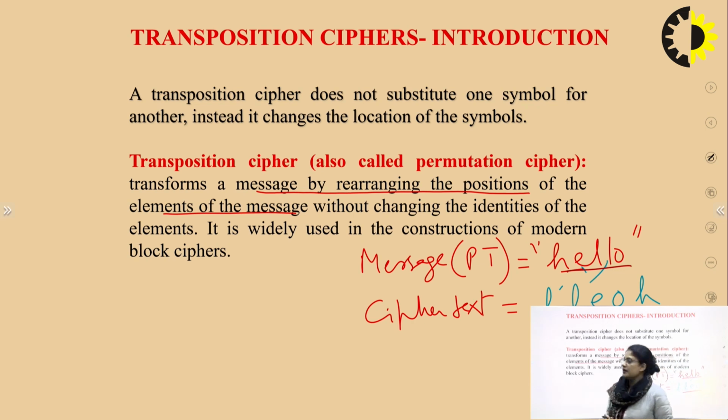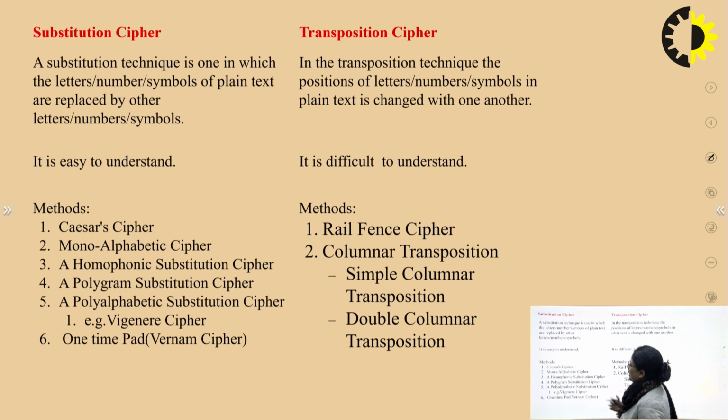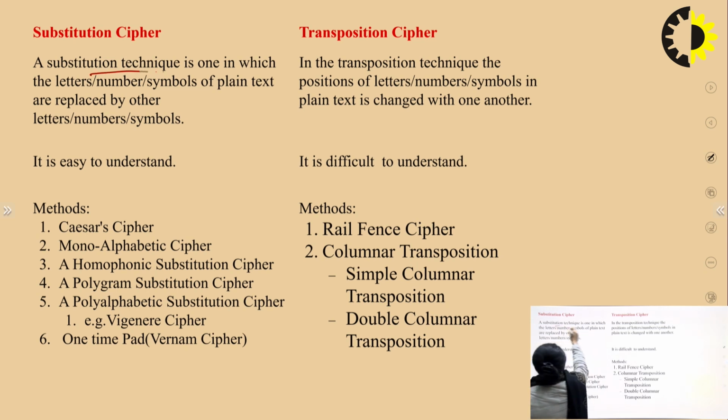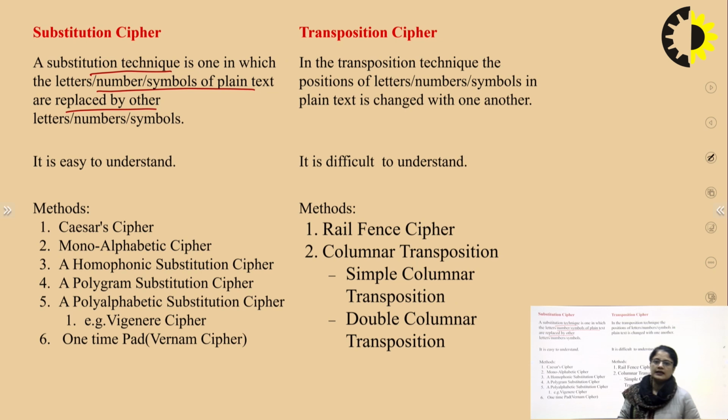It rearranges the position. Now, let's make a brief comparison between the two important kinds of cipher: the transposition cipher and the substitution cipher. The substitution cipher is one in which the letters of the plain text are replaced by some other letters, symbols or numbers. In contrast, in transposition cipher we don't replace the letters or symbols appearing in the plain text.